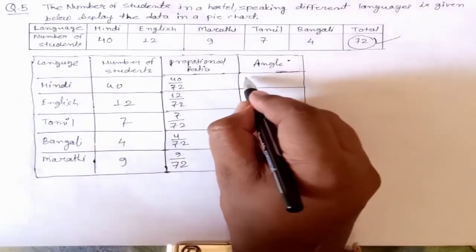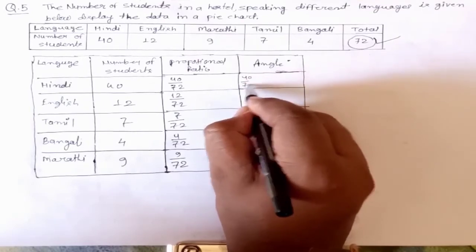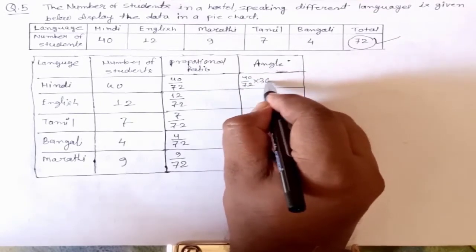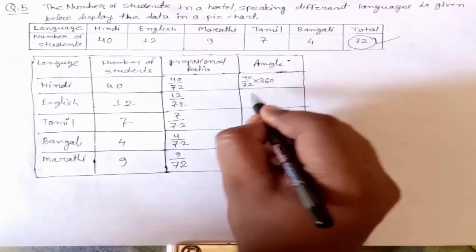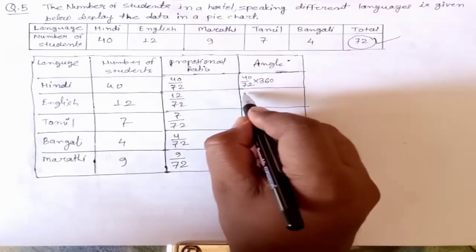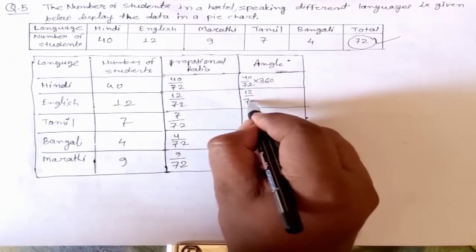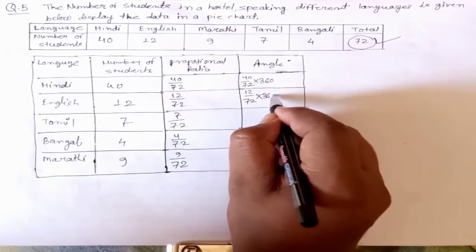So what you will do, you just take 40 divided by 72 into 36, right? So just 12 divided by 72 into 36, right?